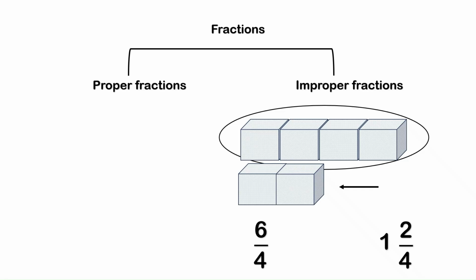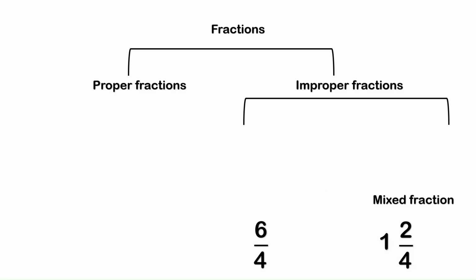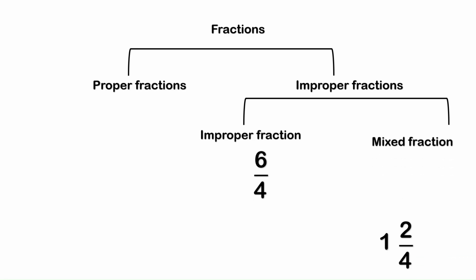When we write it this way, that is, as a mix of a whole number and a fraction, it is called a mixed fraction. So we can represent an improper fraction in 2 ways. As a straightforward improper fraction like 6 upon 4, or by writing the whole number separately and the remaining parts as a fraction like 1 and 2 upon 4.